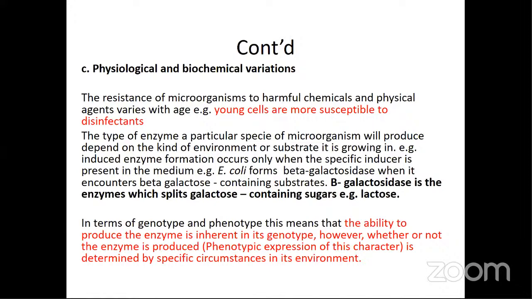The genotype to produce that galactosidase enzyme is already inherent in the organism. But without the substrate, the organism cannot express it. So the expression, to express it out, is this phenotype, because you will now see it. So what is inherent in the gene can be expressed when it is induced by substrate.